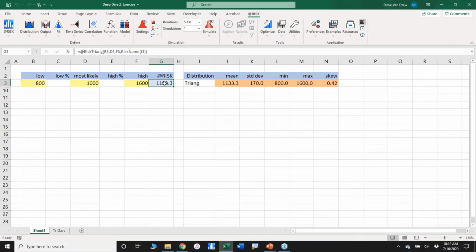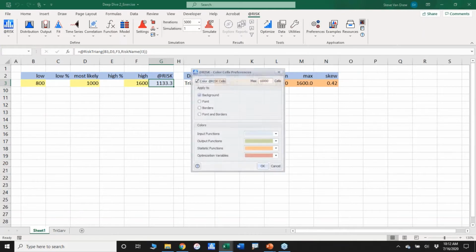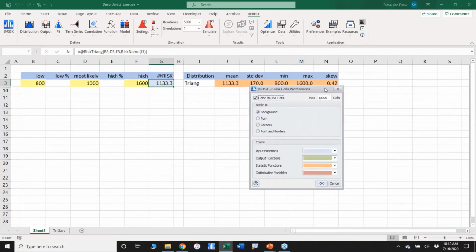We're looking at the mean, the expected value right now. Mine painted blue, this light blue color automatically, because in my At Risk models, I've gone with preferences for colors in the cells. Anything I tell it is an input distribution, it's going to make that light blue color. Anything I specify as an output distribution, it's going to paint this kind of greenish color.